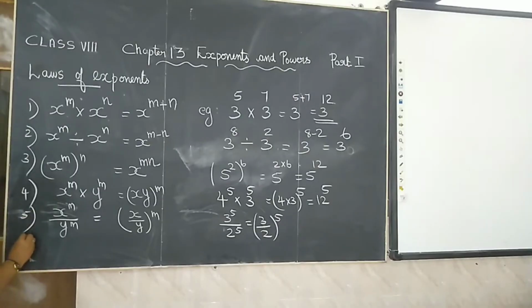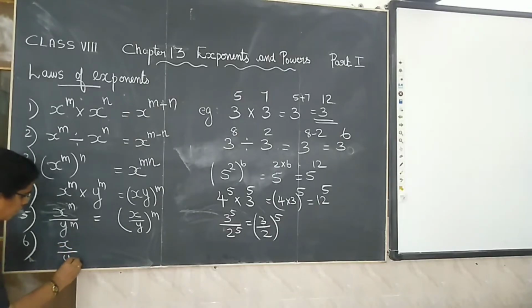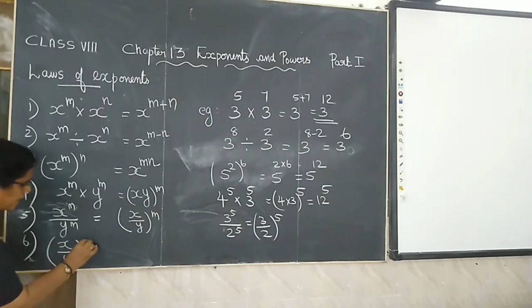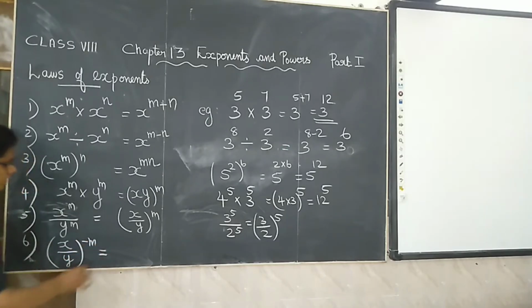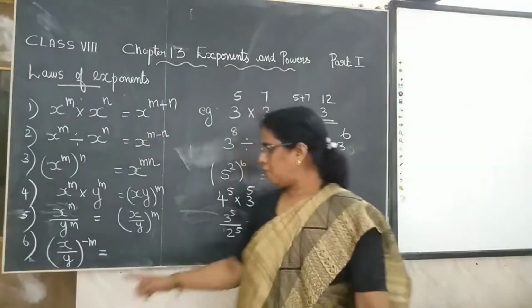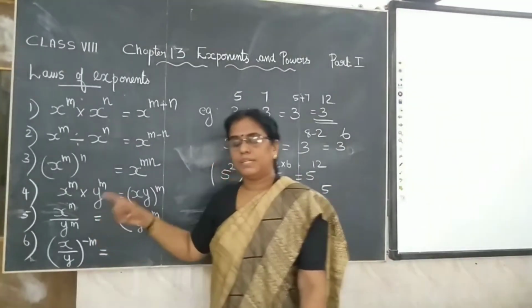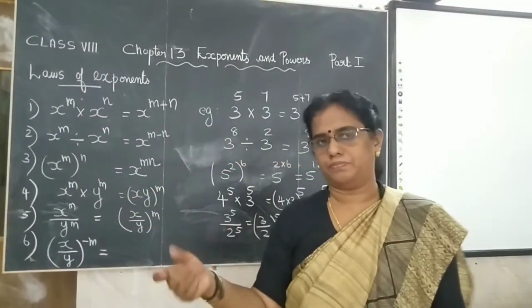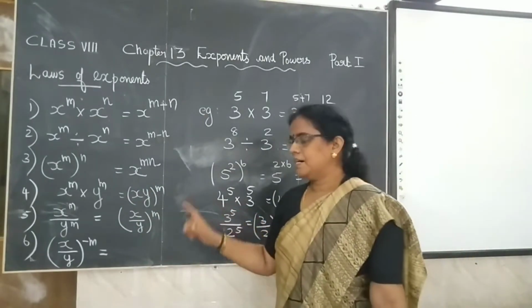Now next one, x by y whole raised to minus m. That is, if a fraction is given and its power is negative, we can change the power to positive by taking the reciprocal.